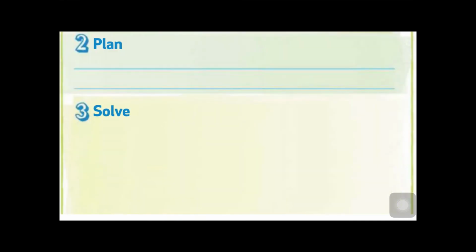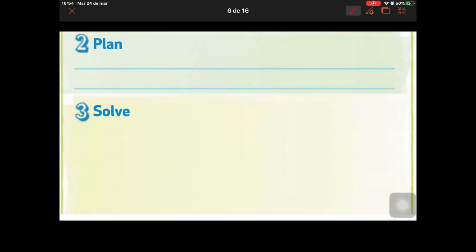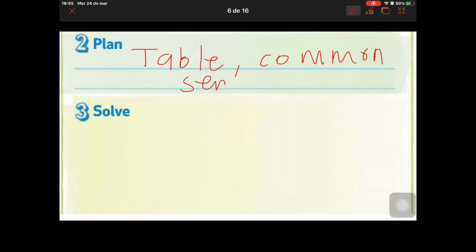What plan are we gonna apply here to solve this problem? I think we should make a table to find which pet is from each person. So we're gonna use a table and we're gonna use our common sense to find the answer of this problem.